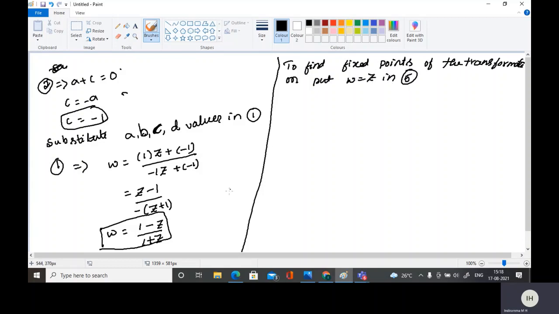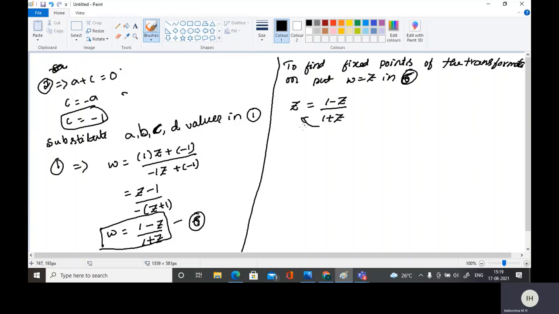Where is equation 5? Already we gave the number equation 5, so take this as equation 6. Now equation 6 becomes W is equal to Z. That is, Z is equal to (1 minus Z) by (1 plus Z).